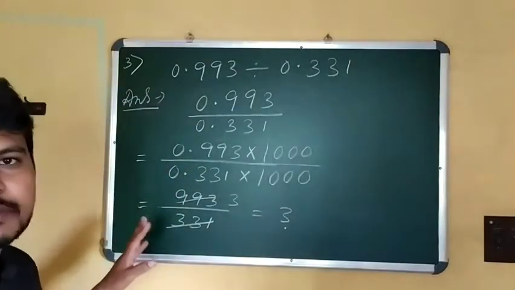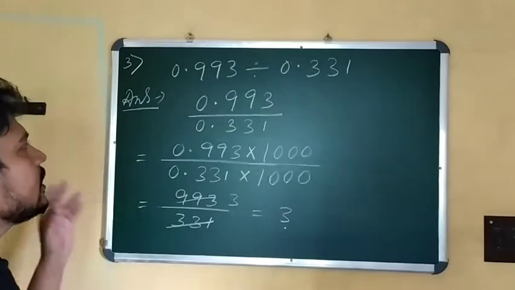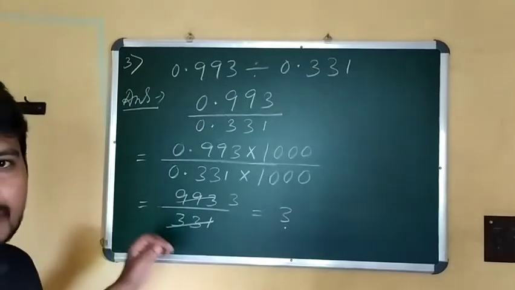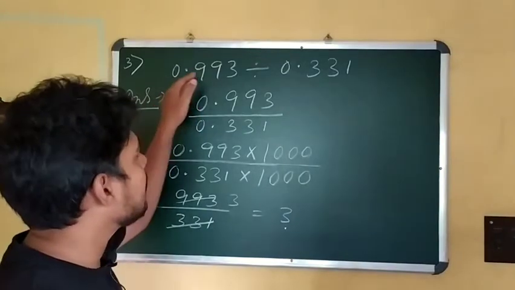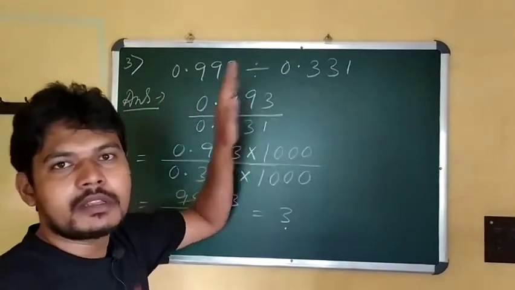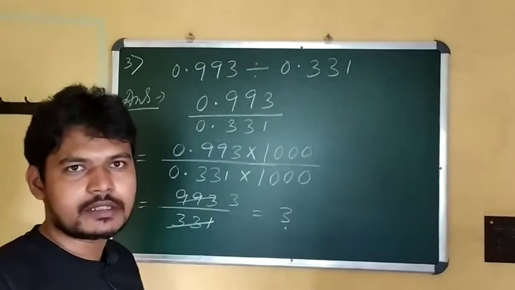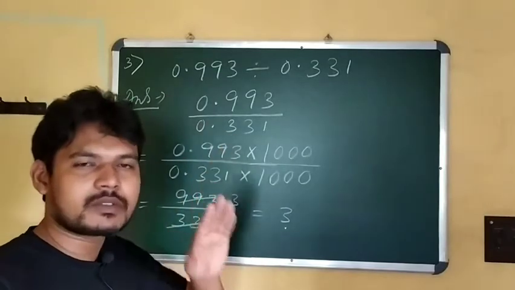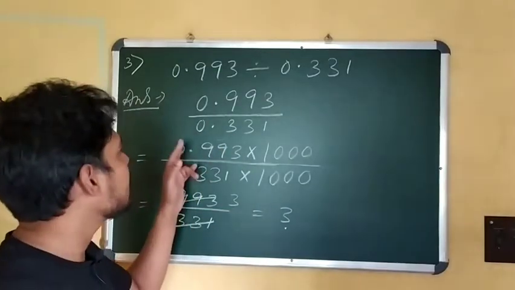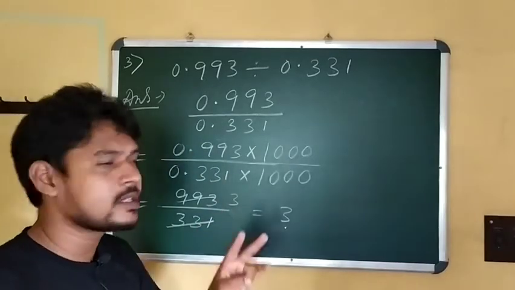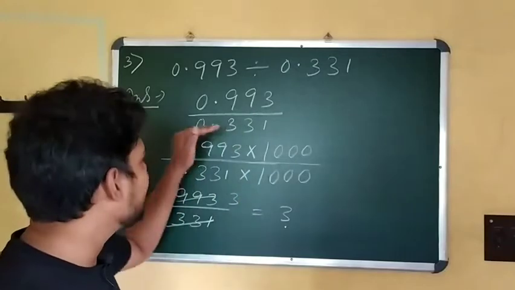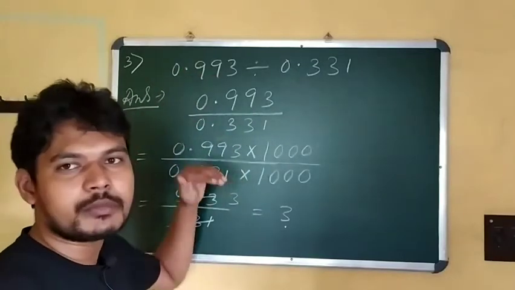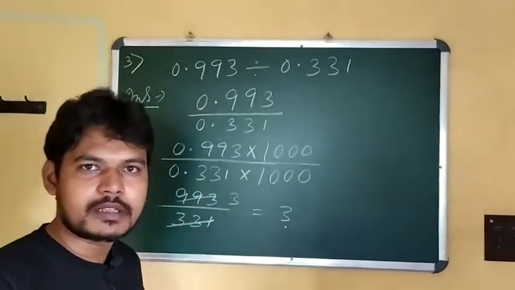So in all these three examples, sorry, in the first example it was 1 decimal place, in the second example there were 2 decimal places, and in the third example there are 3 decimal places. So both the numerator and denominator have the same number of decimal places. Okay.